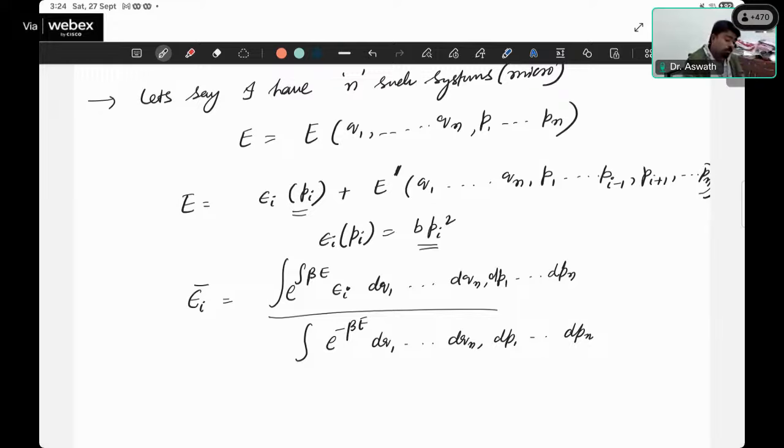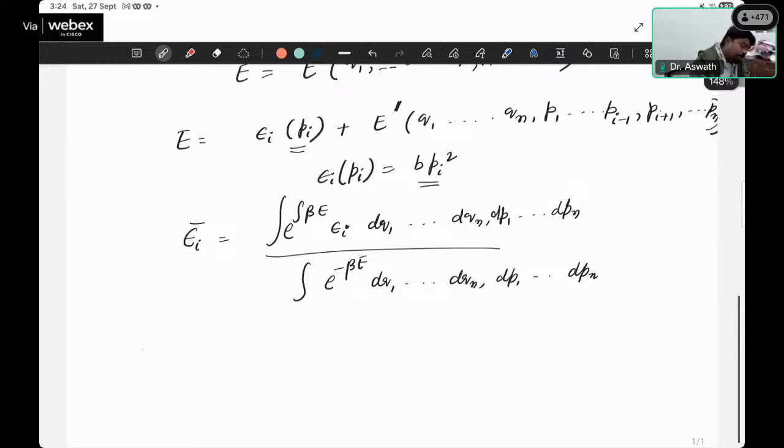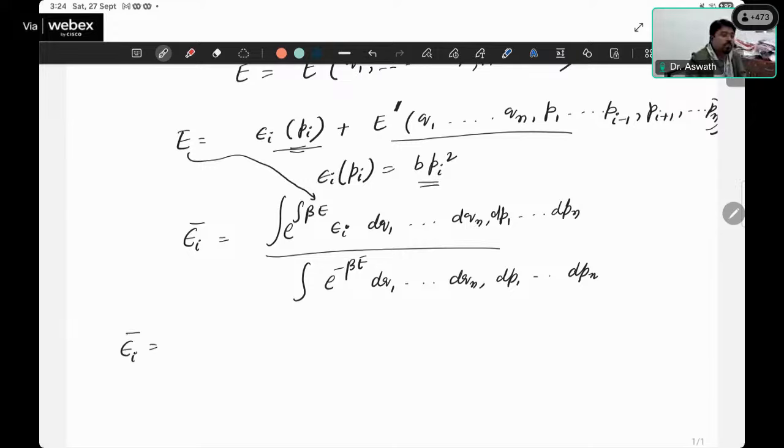Now I will do that. In place of E, I will substitute the first term and the second term without any first term coming into the picture. So please see carefully what I am doing.